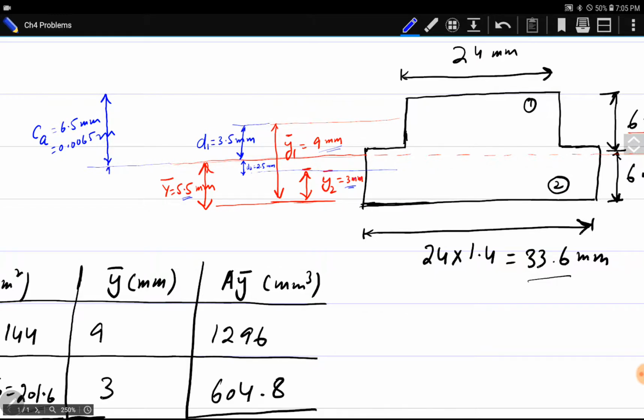And C2 is the distance from neutral axis to the outer surface of copper. So it is similar to Y dash. C copper is 5.5 mm or 0.0055 meters.